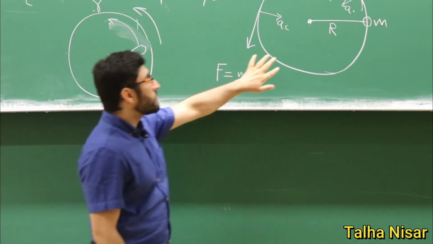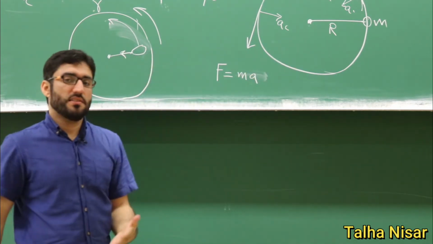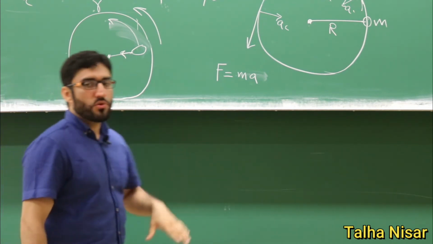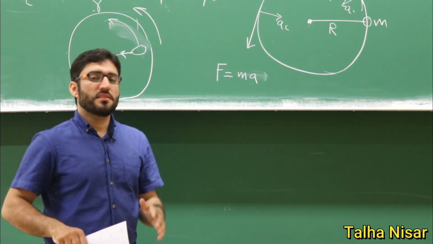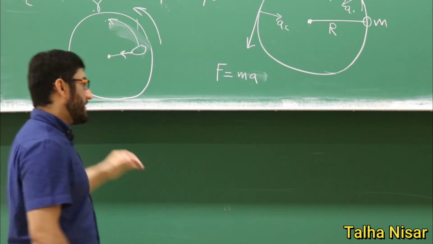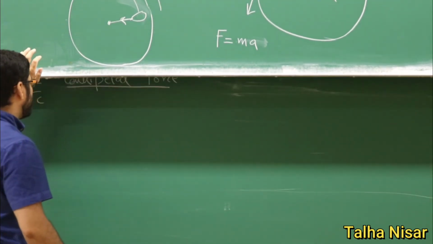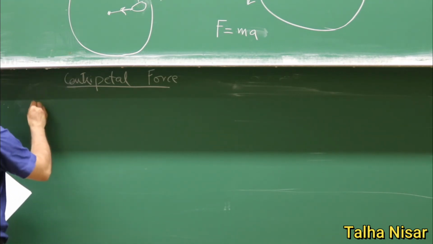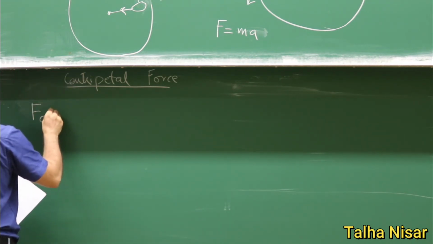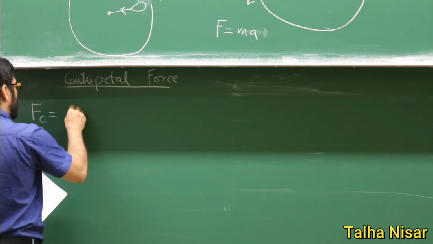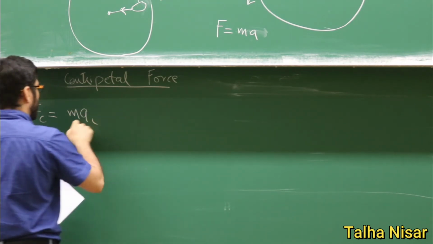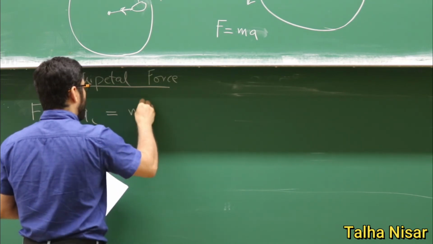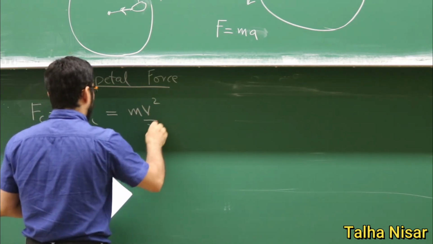We also talked about the acceleration, but if there is an acceleration, there must be a force. The centripetal force is the force that keeps the object moving in a circular path, and it is given by F_c equals ma. This is Newton's second law, and it is given by m v squared divided by r.